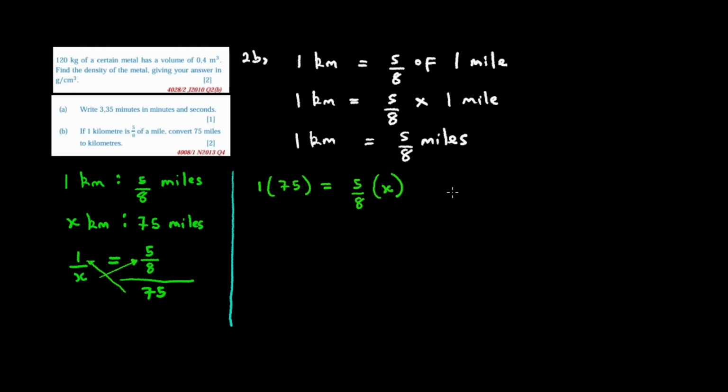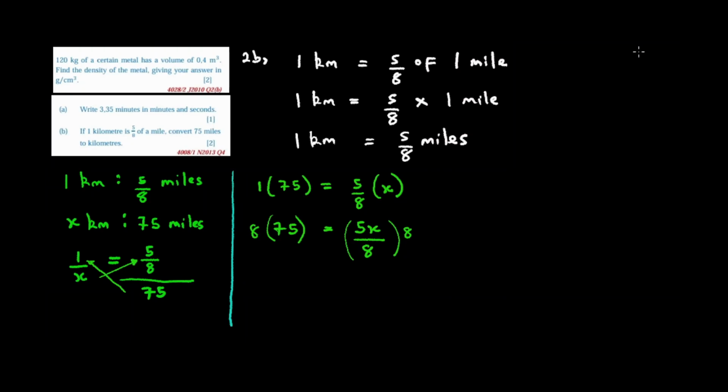Like that. What is 1 times 75? It is 75. 75 is equal to 5/8 times x, which becomes 5x/8. Then of course we can multiply both sides by 8. This is paper 1, so we have a calculator, but we are actually going to do it physically.